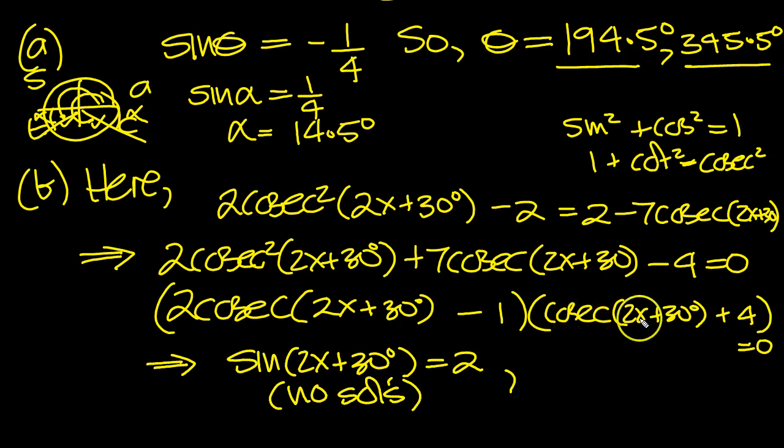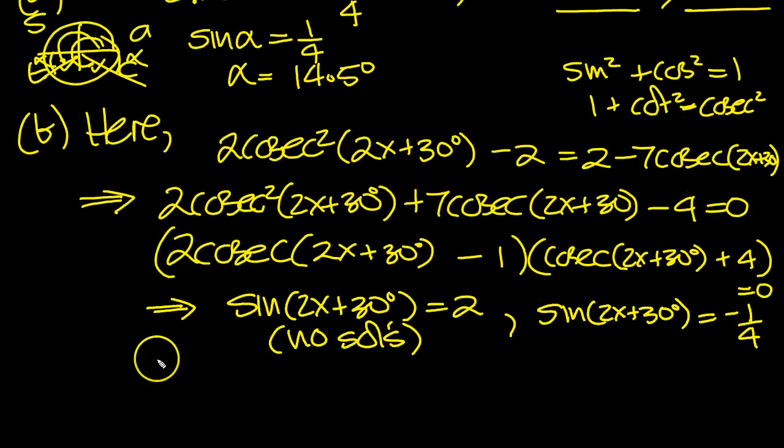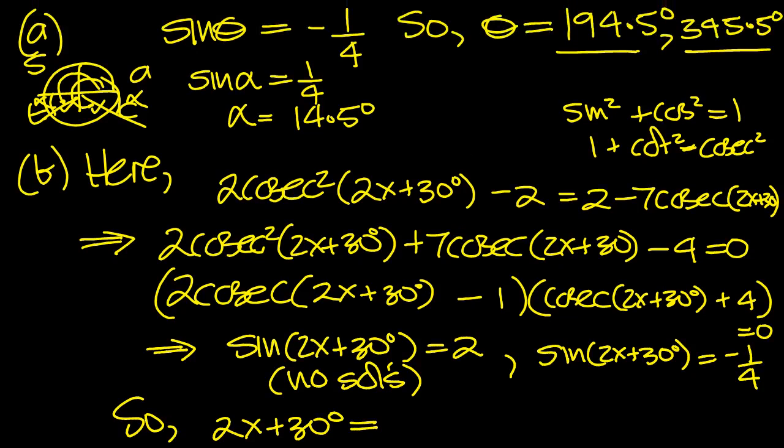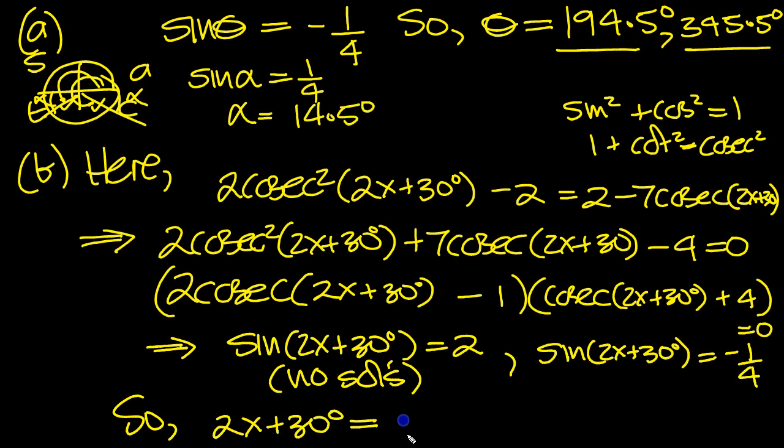The other one is when cosec is equal to minus 4, so sine of (2x plus 30 degrees) is equal to minus 1/4, which is what we worked out above, and we worked out there were two solutions. So by the above, 2x plus 30 degrees is equal to these two angles here. I'll put them in as two possible solutions.